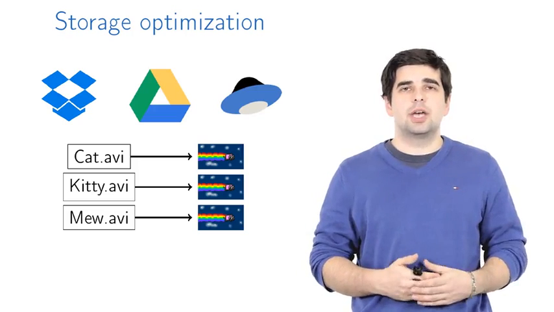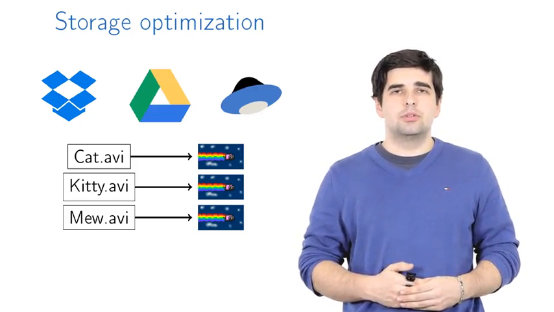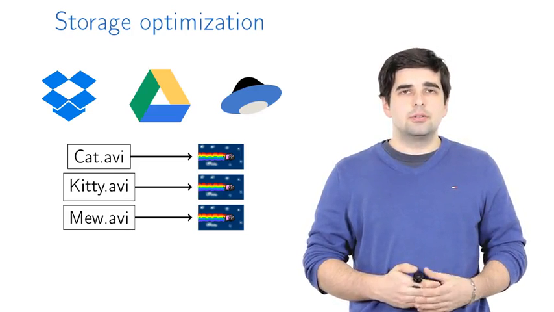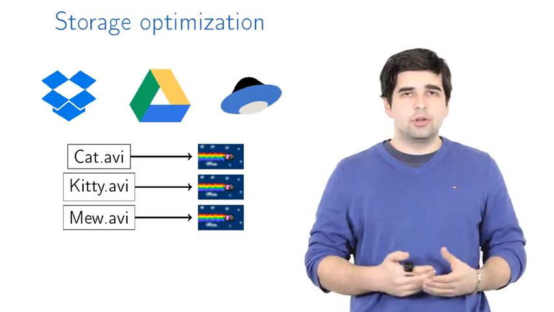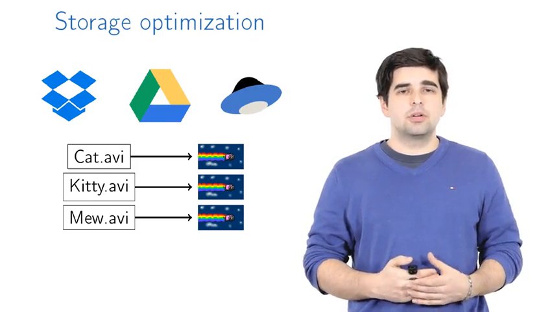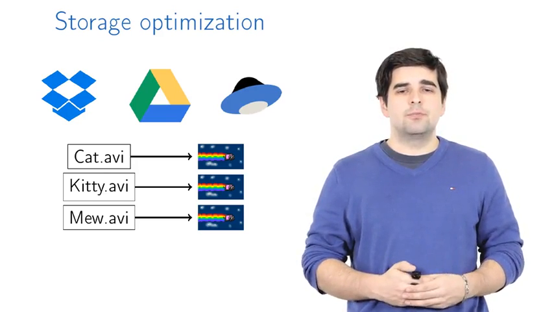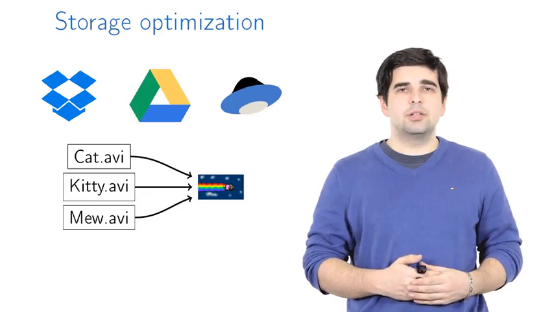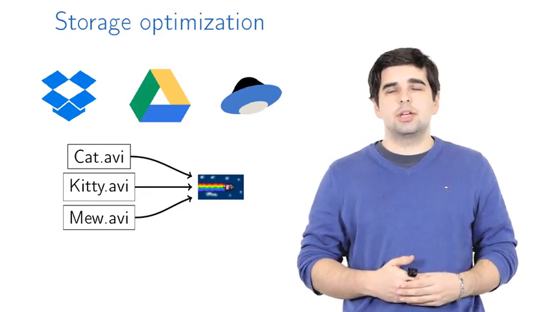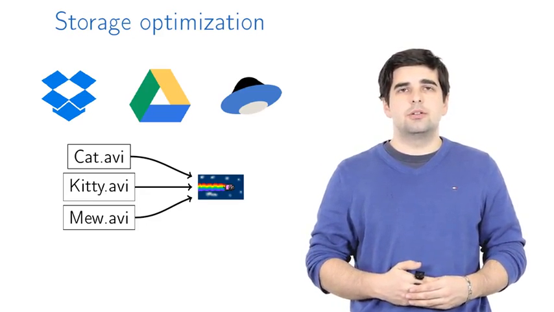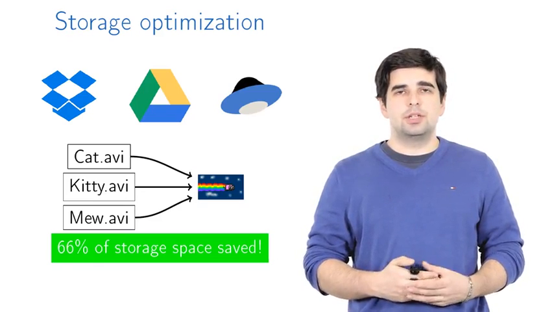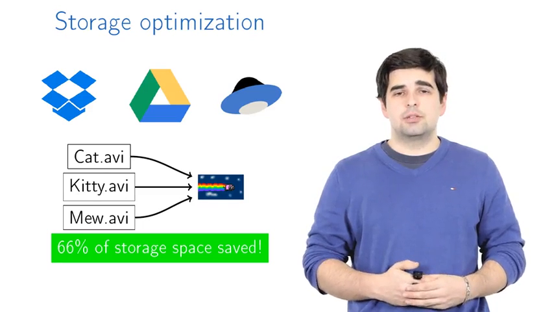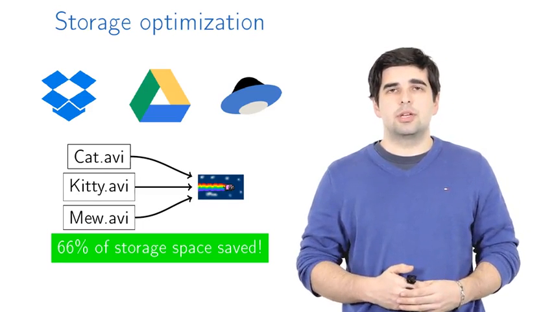Then what we can do on the level of the whole Dropbox service is, instead of storing all 3 copies of the same video, just store 1 copy and have links from the users' files to this actual physically stored file. And then we've just saved 66% of the storage space because we basically reduced it 3 times.